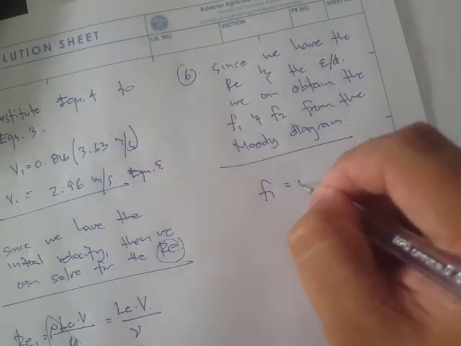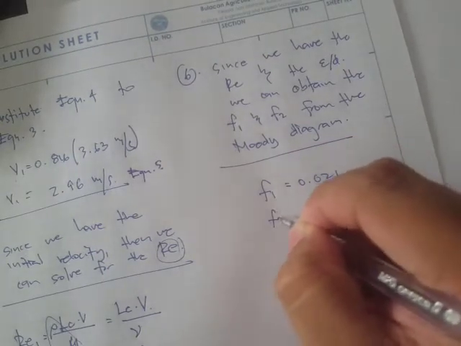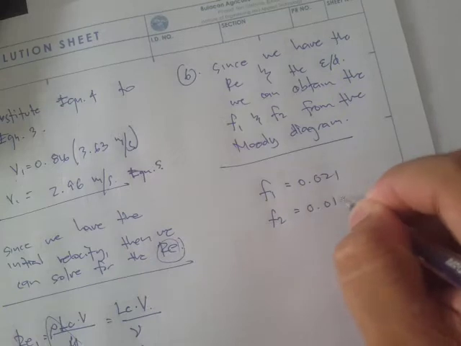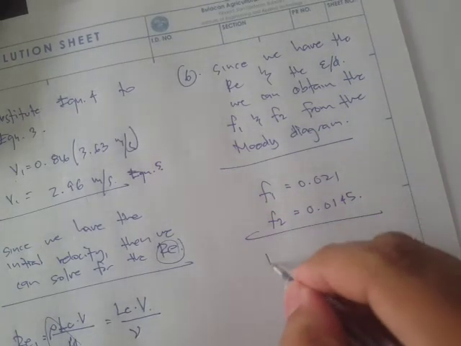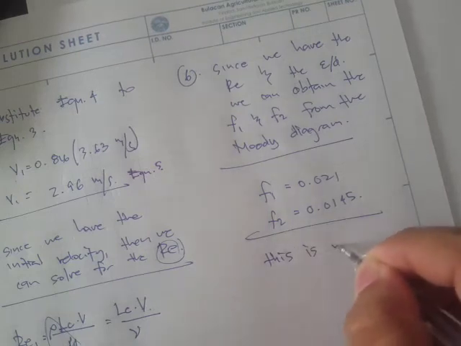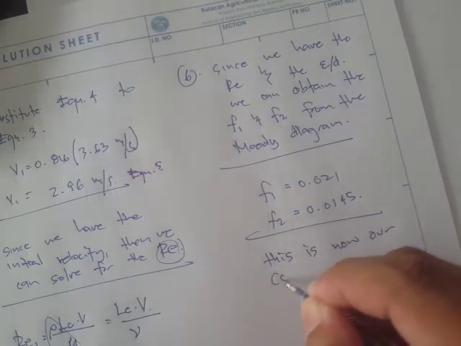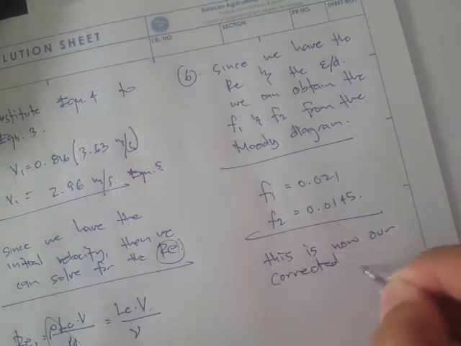Okay, so our F sub 1 is equal to 0.021, and our F sub 2 is equal to 0.0145. Okay, so this is now our corrected friction factor.